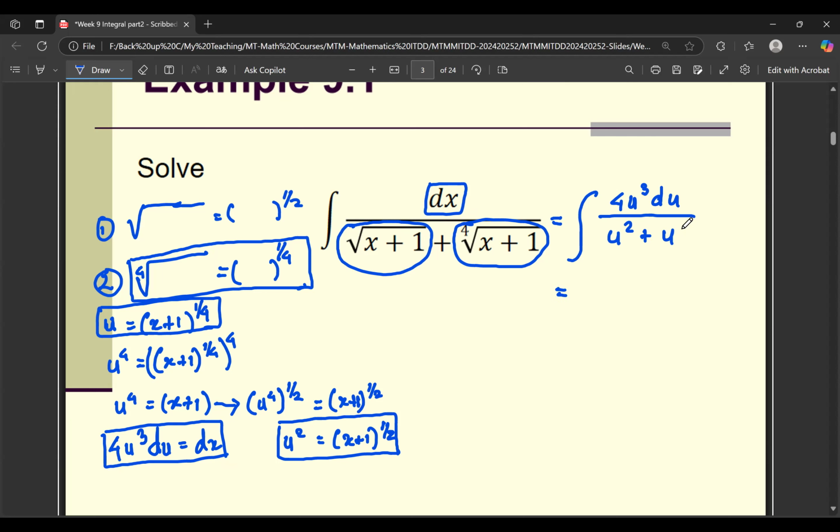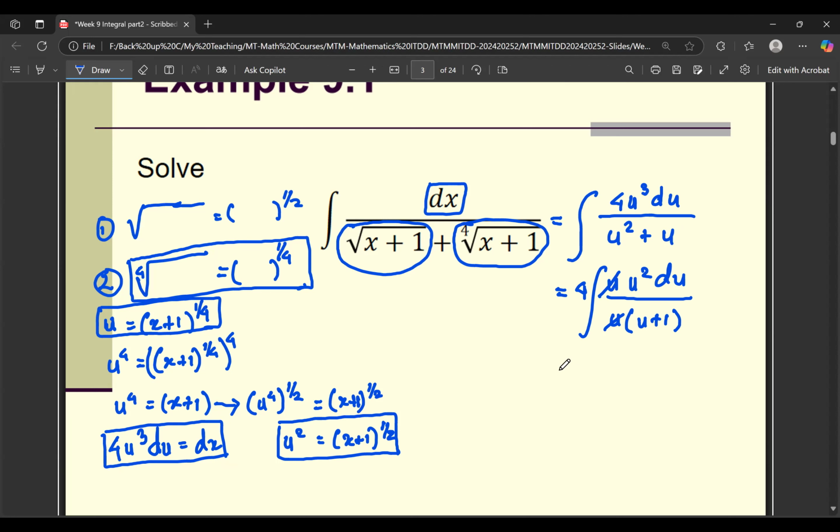We can pull out 4 from the integral, and also we can cancel out one u. This is u square du, divided by u plus 1. So we can cancel out u.